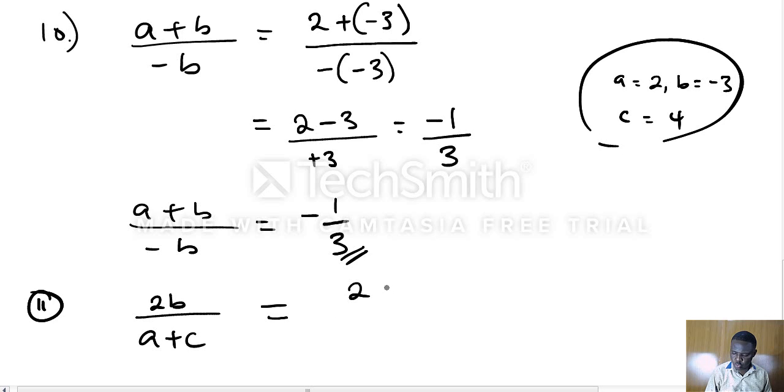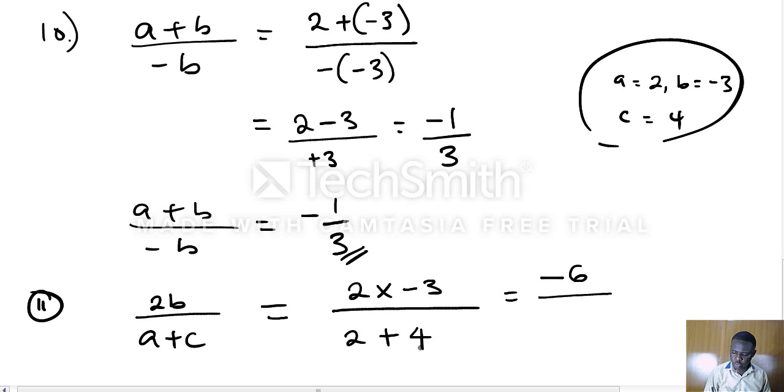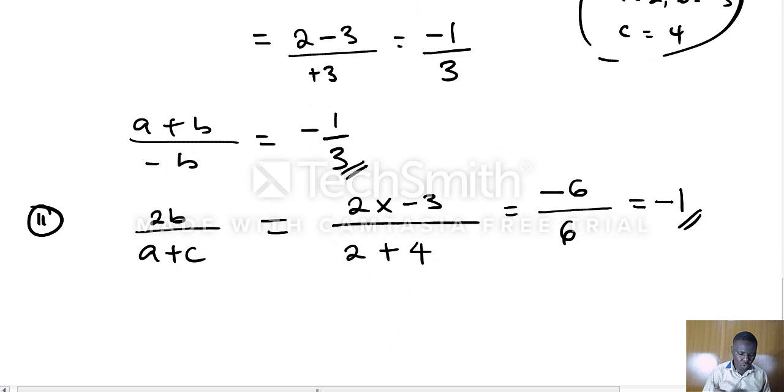This is going to give us 2 times minus 3 divided by A, which is 2, plus 4, which is equal to 2 times minus 3, which is minus 6, divided by 2 plus 4, which is 6. And minus 6 divided by positive 6 is negative 1 as your answer. Number 12.